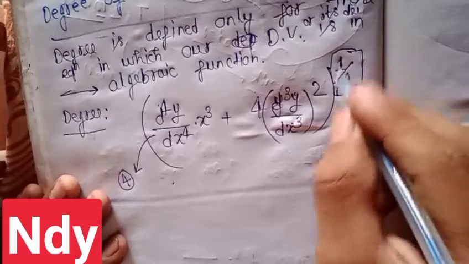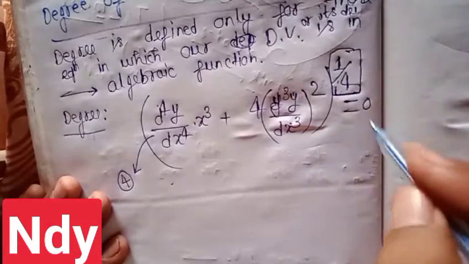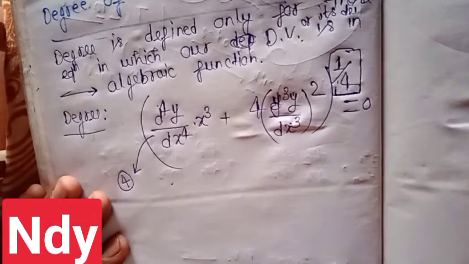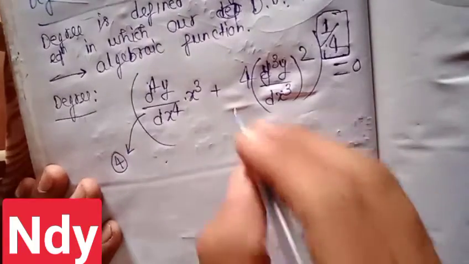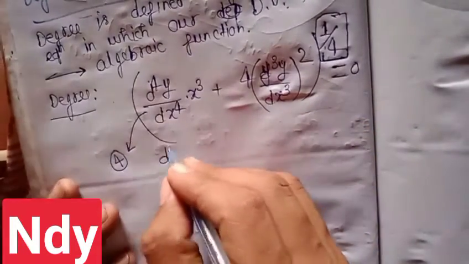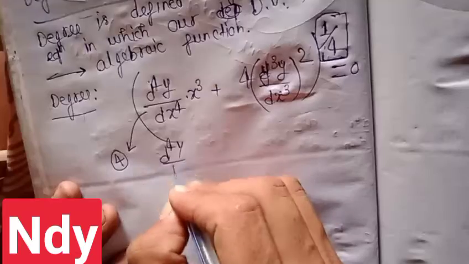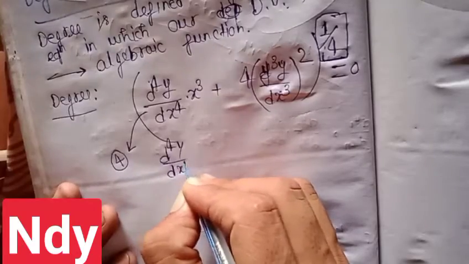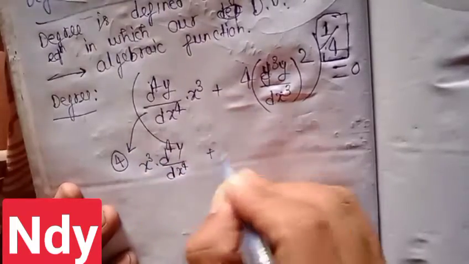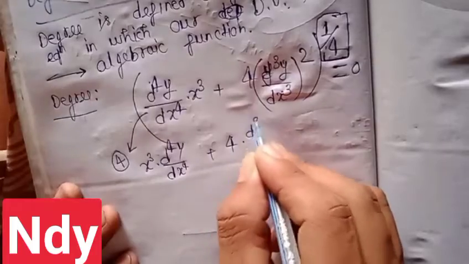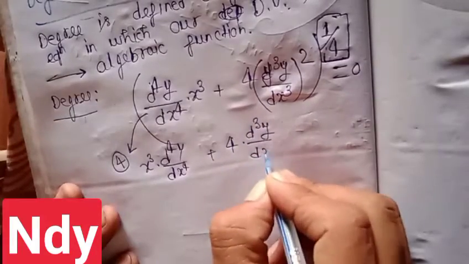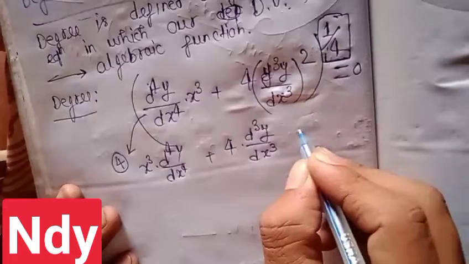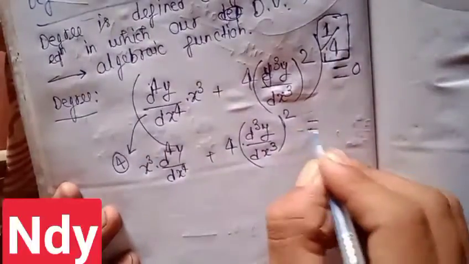So we take the power 4 on both sides, and this will be d4y upon dx4 times x cube plus 4 times d3y upon dx3 whole squared is equal to 0.